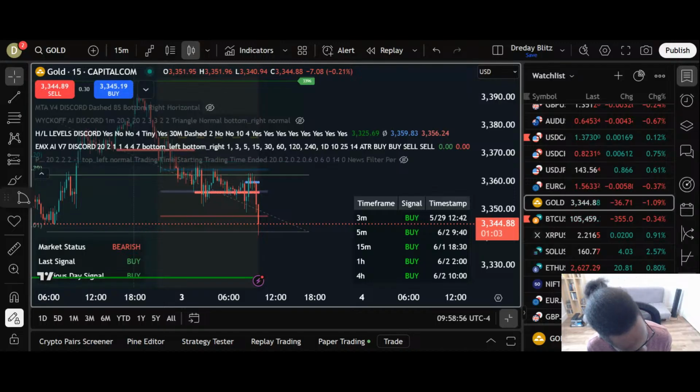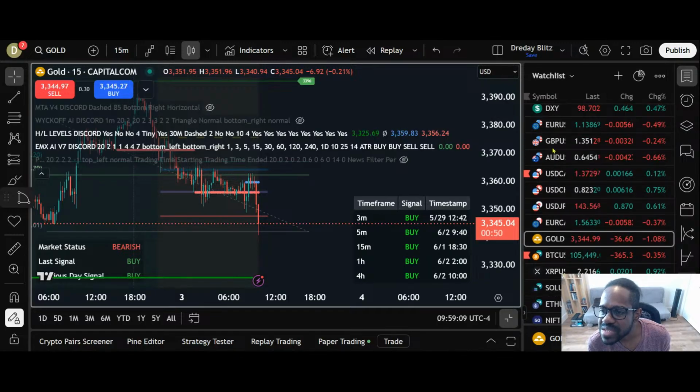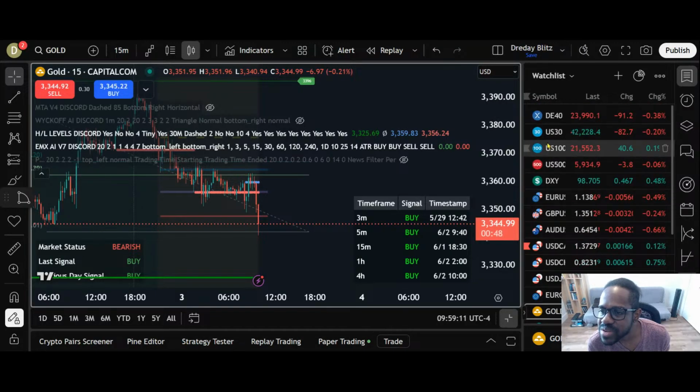So we still have less than 1 minute until the top of the hour. So we'll go back here on the indices that we were looking at.